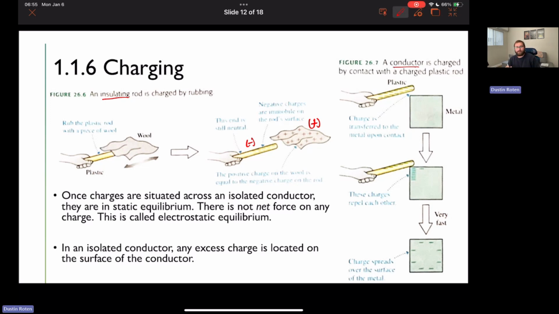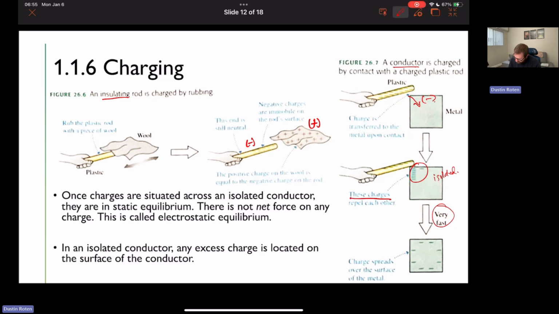So it turns out what's going to happen is you touch the plastic rod to the metal, and you'll notice that the electrons start moving down into the conductor, because there's an excess buildup of electrons on the plastic. We touch a conductor like this metal. At first, they are isolated just up in the corner, but very quickly, because they're the same charge, they're going to repel each other.